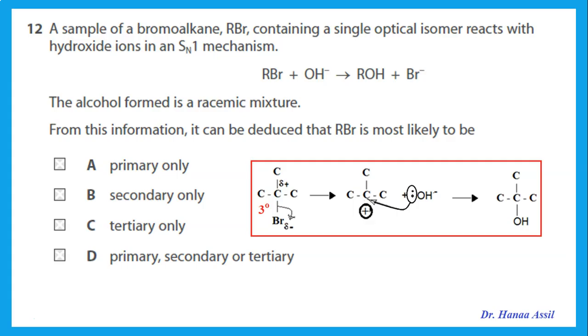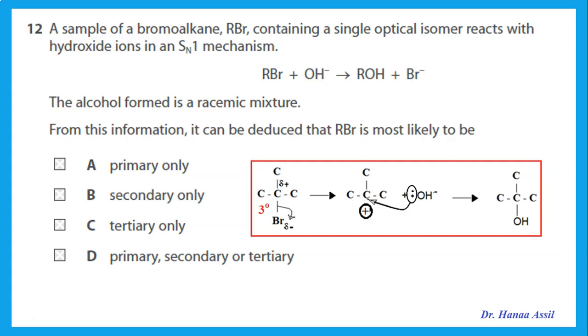Now, how does it change? The bromine leaves first, because that's the slightly negative end. So the electrons go to the bromine and that leaves to form a carbocation, and then the hydroxide ions attack the carbocation. So we're saying that this is the SN1 mechanism.